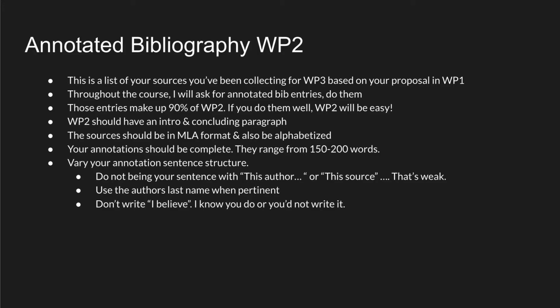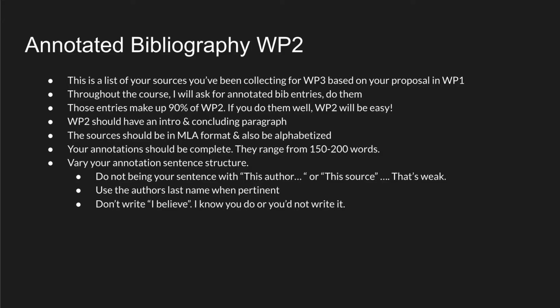Vary your sentence structure. I have people all the time who write, "This author talks about." Well, let's go back to that. Who is the author? Let's say the author is Clark. So use the person's name, Clark, and then "talks about." Is there a better way to say that? How about argues or asserts or pronounces?